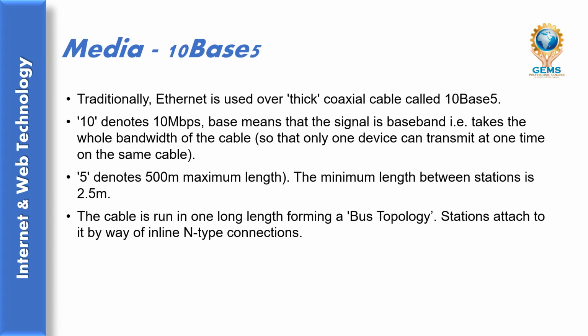The minimum length between stations is 2.5 meters. The cable is run in one long length forming a bus topology, so the bus topology can be used in the 10Base5 method.